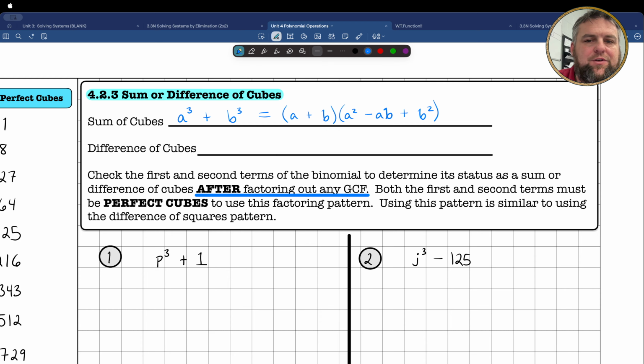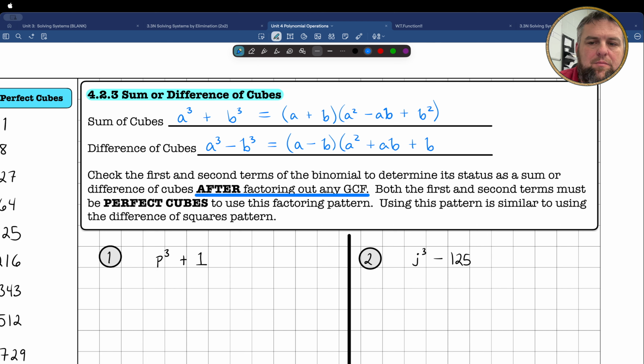And the difference of cubes would look like a cubed minus b cubed. And when that happens, you can write it out as a minus b times a squared plus ab plus b squared.